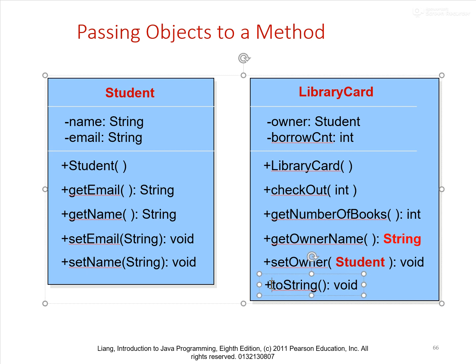And then we have something else. This is kind of special. This is a method called toString. The interesting part is that the toString method is one of those methods that every class already contains.